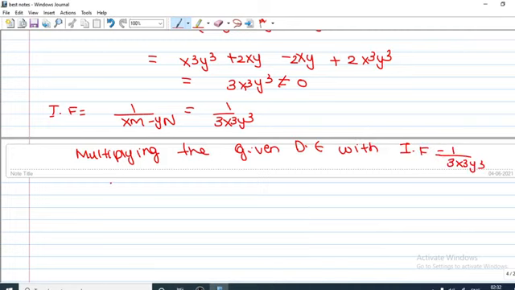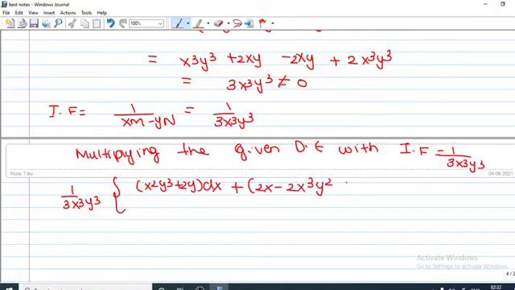We are going to get something like this. If you multiply by 3x cube y cube, let me write it: (x square y cube + 2y) dx + (2x - 2x cube y square) dy = 0. The 3 we have moved to that side, don't consider it, because if you multiply it throughout, you have to remove it since it will be present in all the terms.